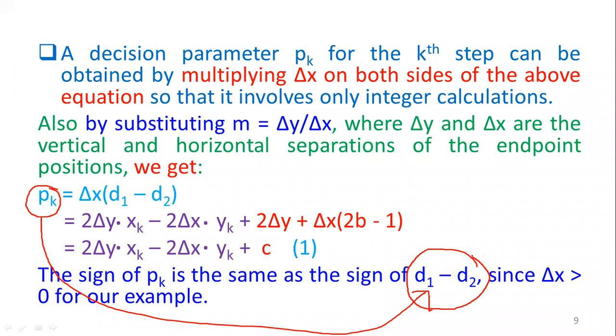In the previous slide I said that we are going to make decisions based on the sign of d1 minus d2. But pk is delta x into d1 minus d2. Trust me, the sign of pk is the same as the sign of d1 minus d2, because delta x is always greater than 0.